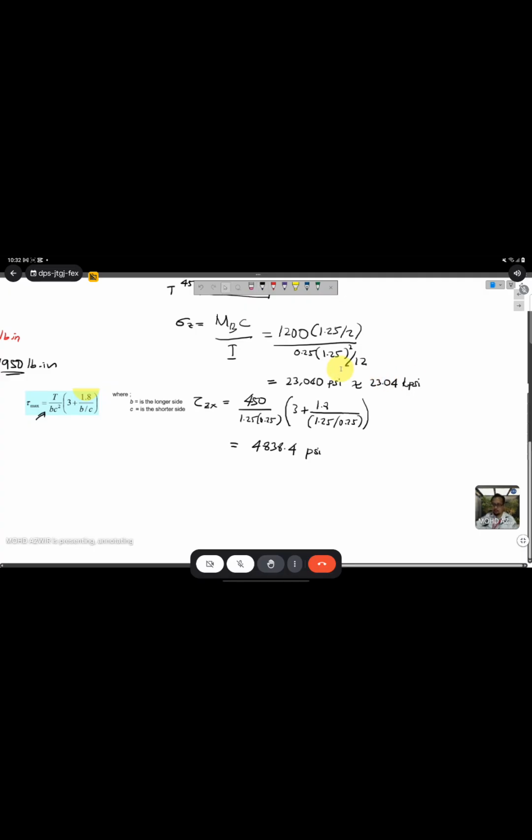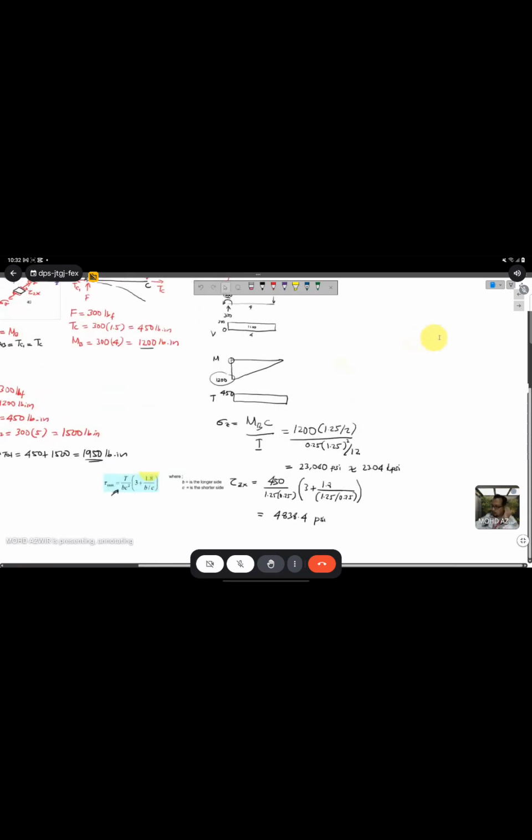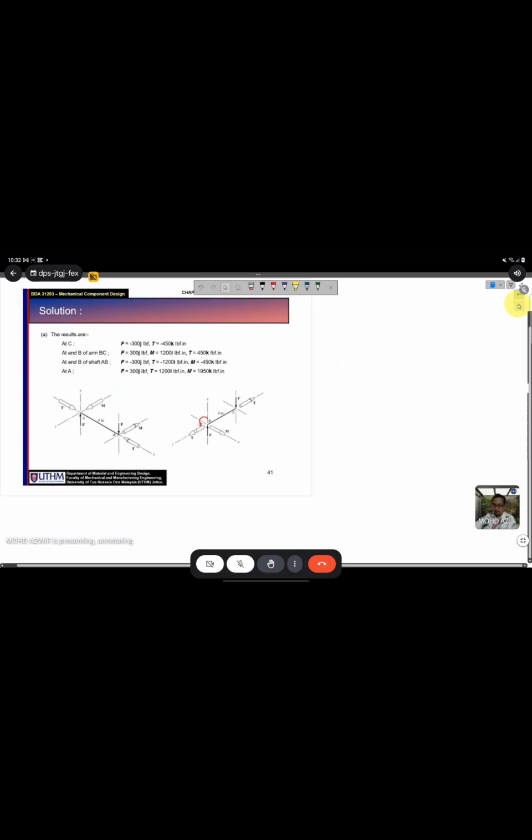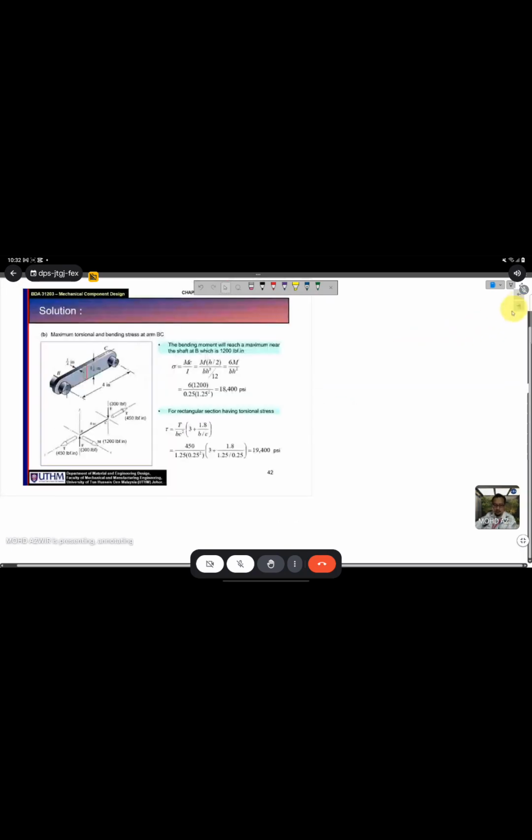Okay, is it correct? Let's compare the answer. For B, we get 18.4. Why do we get a different value?